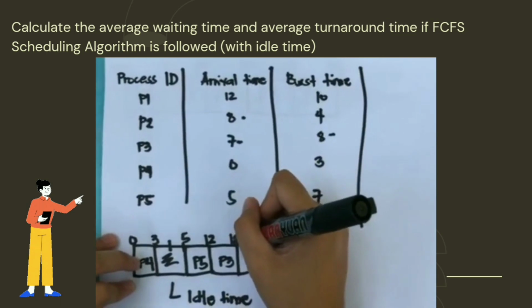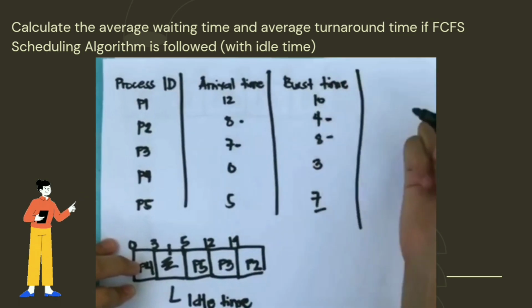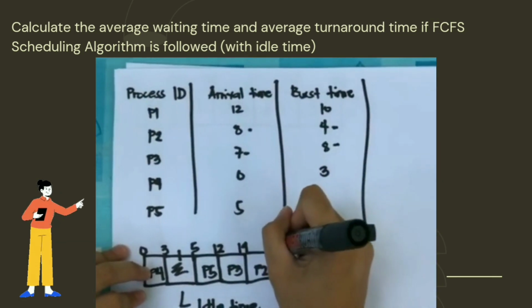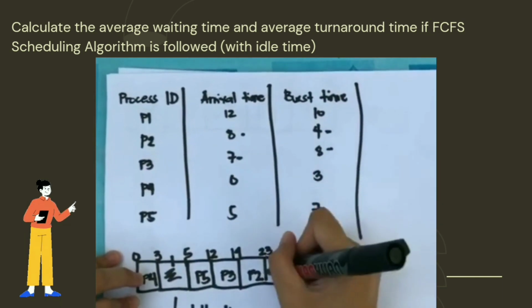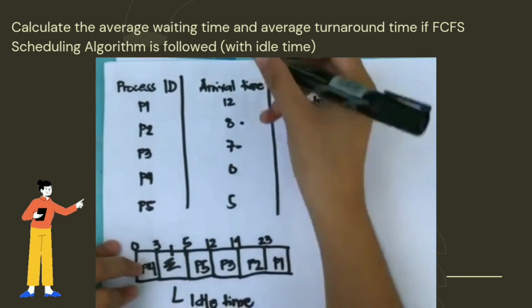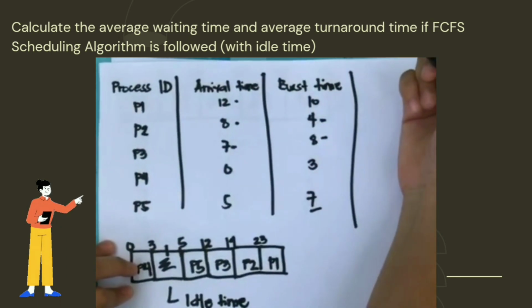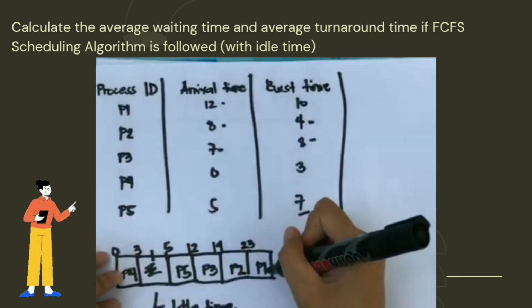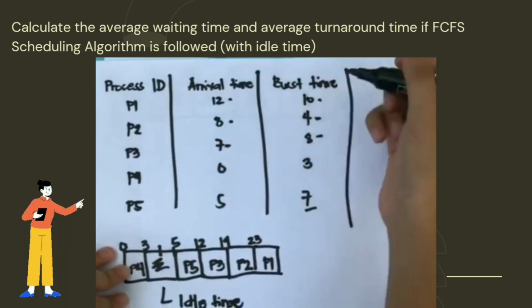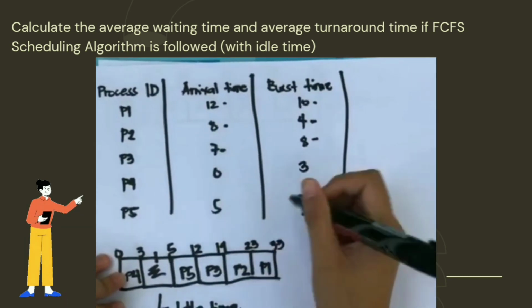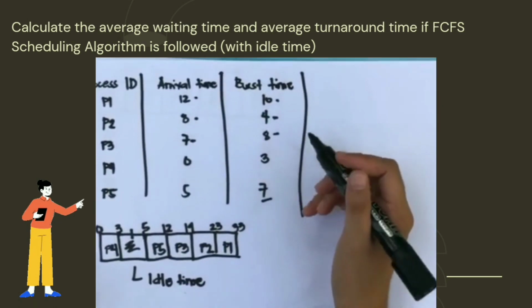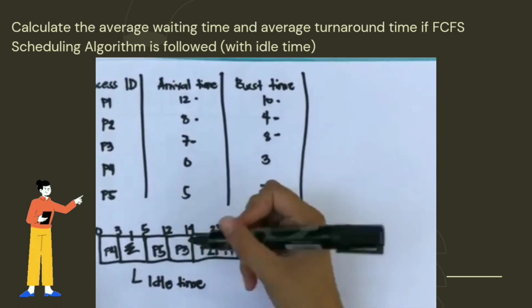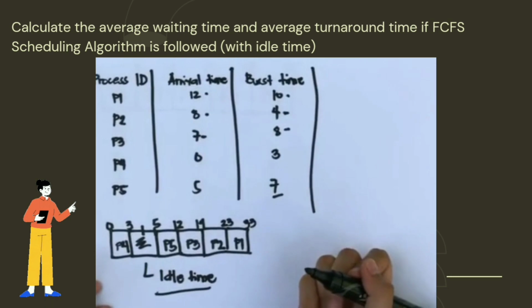So, 19 plus 4 is 23. Ang last naman si P1 dahil ang arrival time niya is pang 12 pa. So, 23 plus 10 is 33. So, ayun, nalaman natin kung paano yung nangyayari sa process kapag meron tayong idle time.